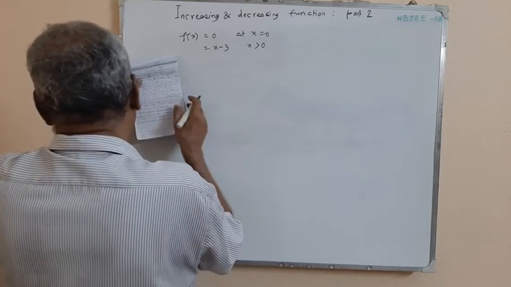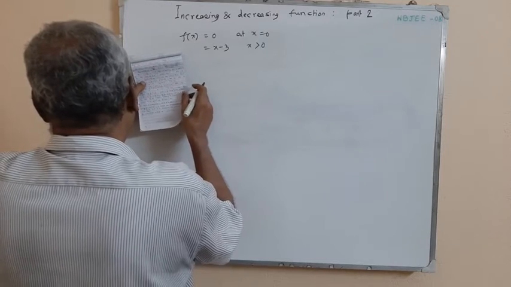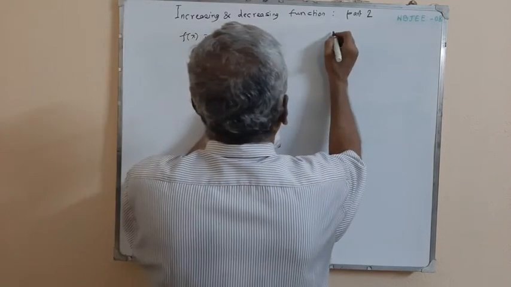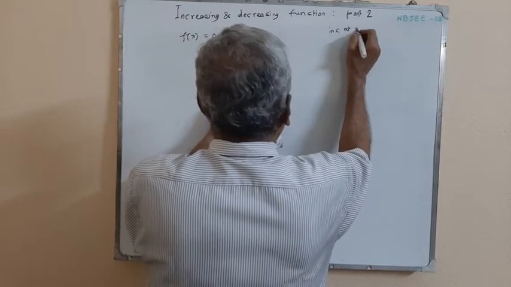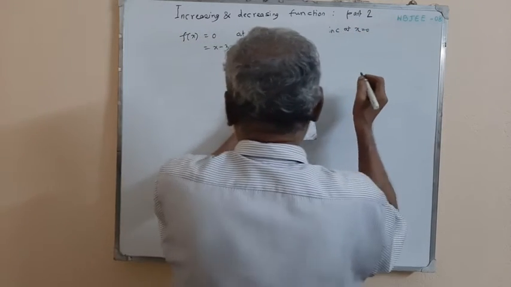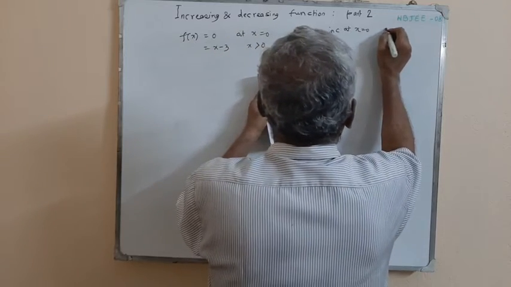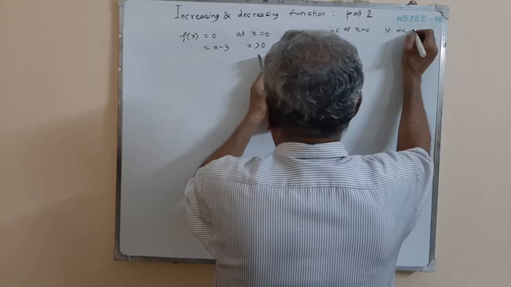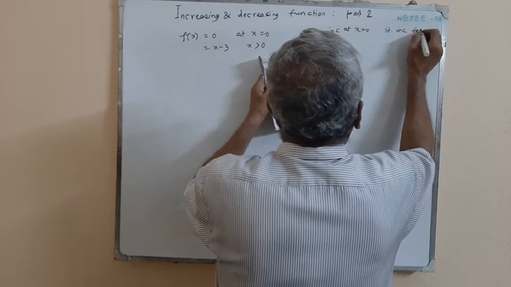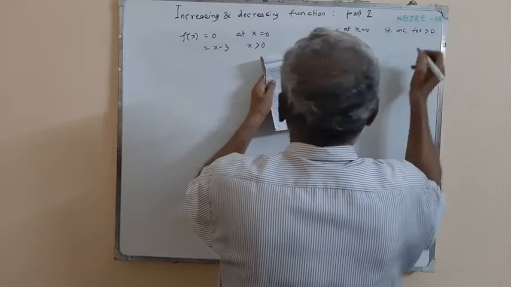Number one, increasing at x is equal to 0, strictly increasing for x greater than 0.